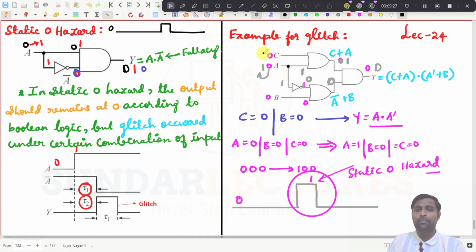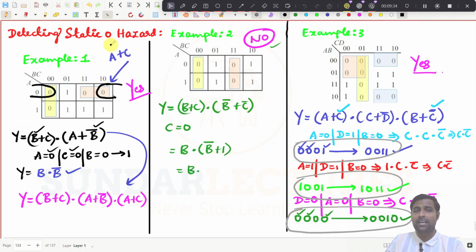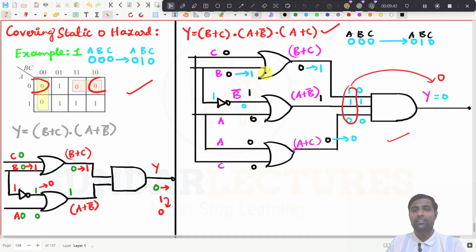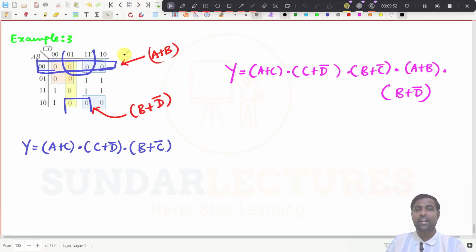We have taken an example to understand the glitch, positive going glitch, and that is called the static 0 hazard. And we have taken examples to detect the static 0 hazards. 3 examples we have taken, and we have covered how to eliminate the static 0 hazard by putting an extra pair or quad in the grouping of the Karnaugh map. And we have taken this example also to understand, right? Thank you.